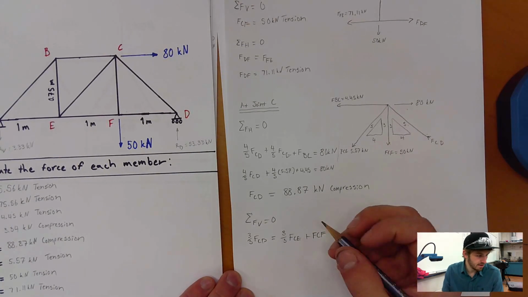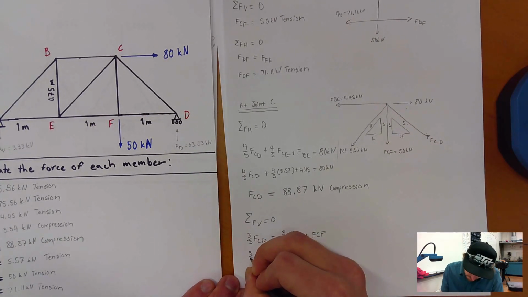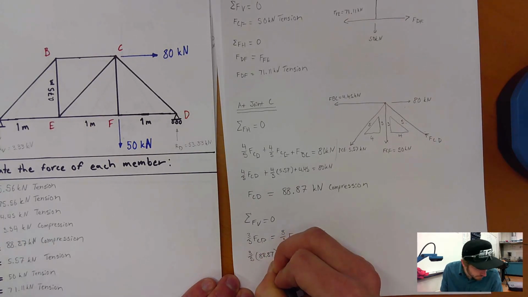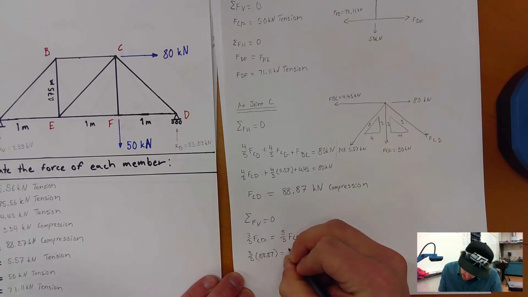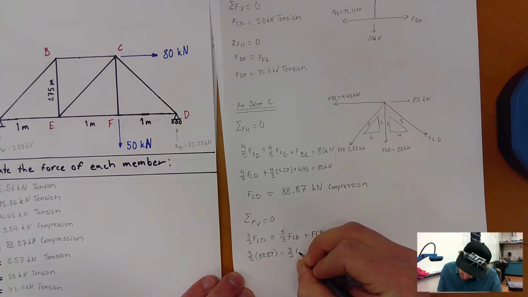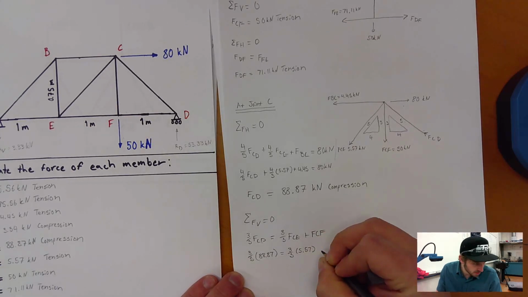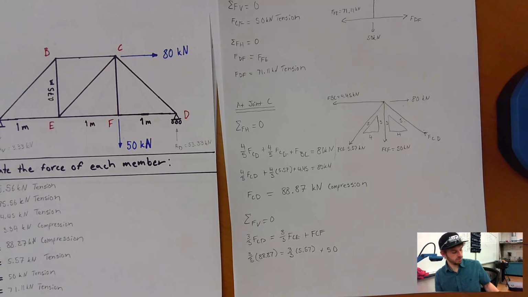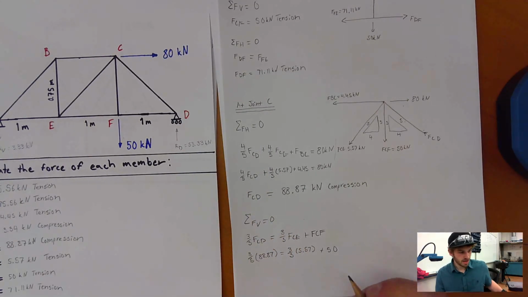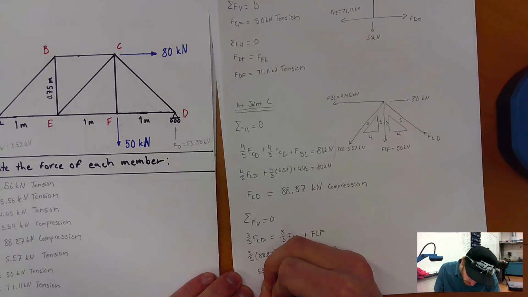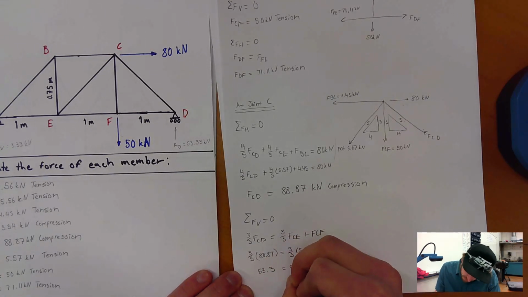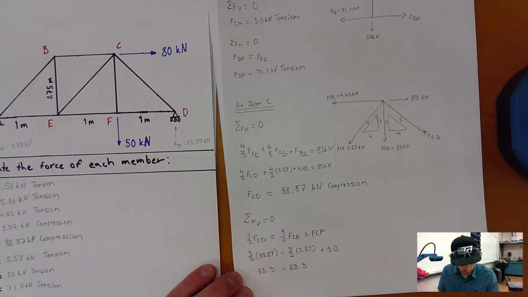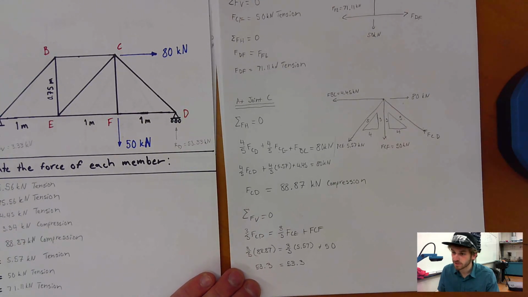So we could substitute. We've got 3/5 of 88.87 is going to equal 3/5 of 5.57 plus 50. And if we get our calculator out, that is going to give us 53.3. It's going to equal 53.3. Yeah, so we're golden. Everything matches up. Everything is equal.